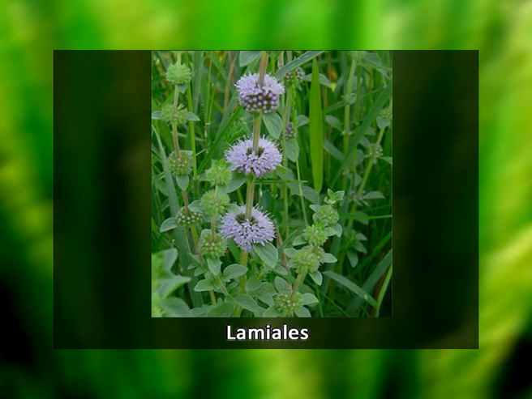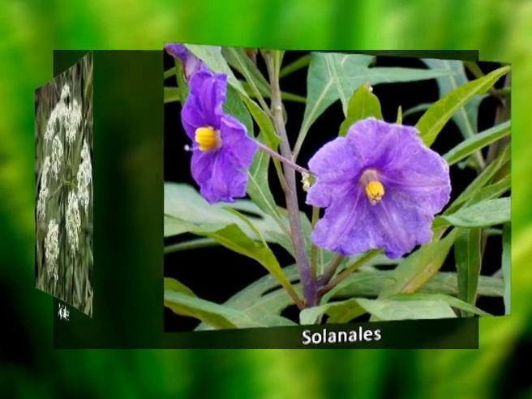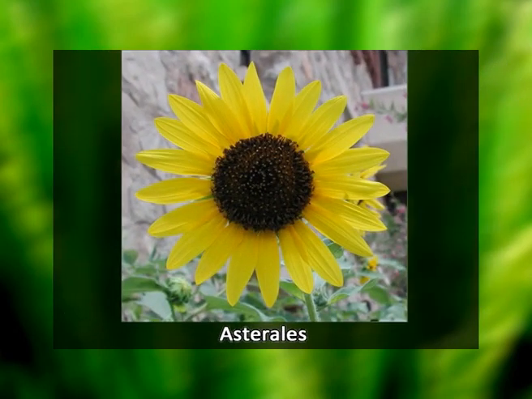Lamiales is the common order wherein we have the mint plant. The various aromatic plants belong to the Lamiales. Then we have Solanales, Apiales, Asterales. Asterales is a very large group of plants, Eudicots, and this Asterales is lastly followed by one order called Dipsacales.